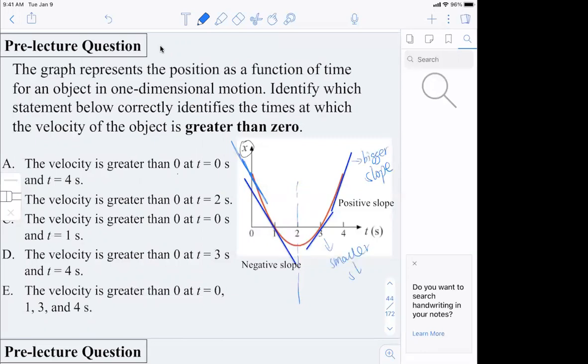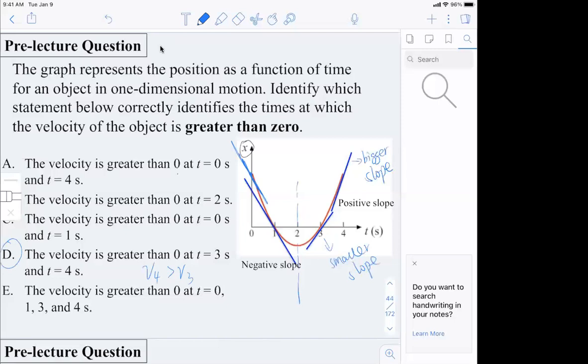So the correct answer is D. The velocity is greater than 0 at t equals 3 and t equals 4. Further, the velocity at point 4 is even bigger than the velocity at point 3.